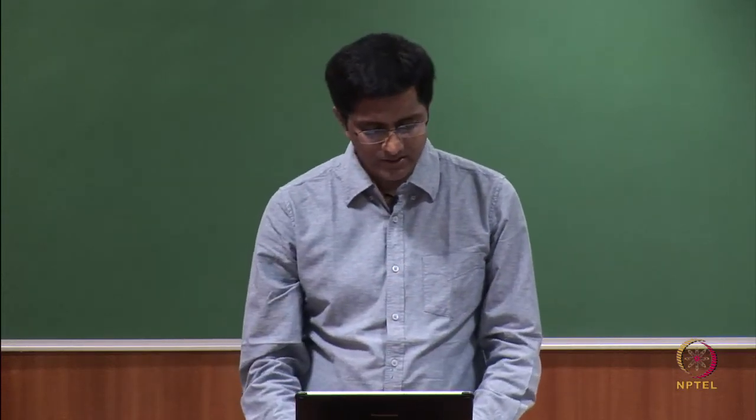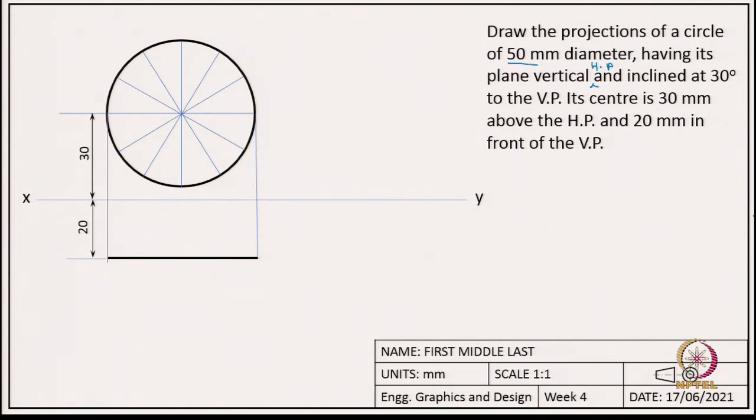So, let us divide the circle into 12 equal parts and let us also name the points, starting from here 1, 2, 3, 4, and so on, 7, 10, and so now we have divided this circle into 12 equal parts.